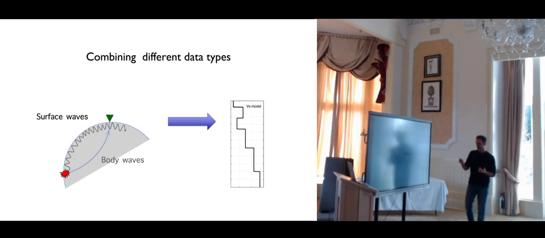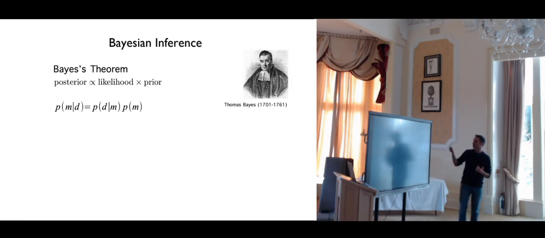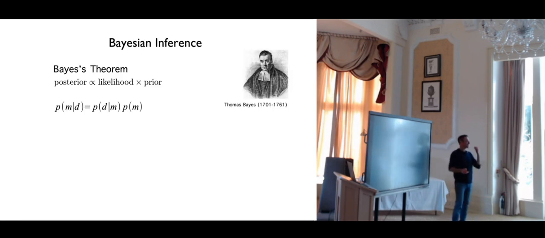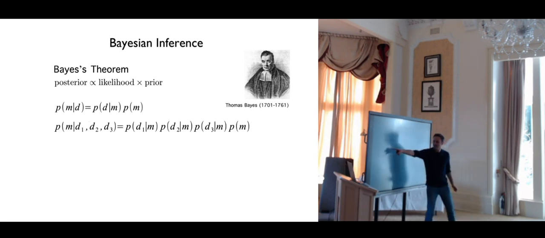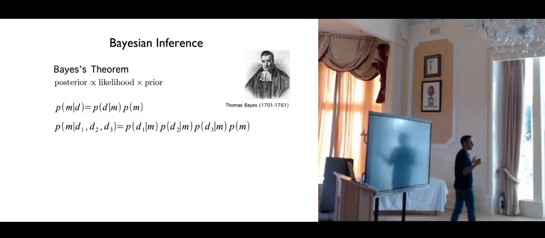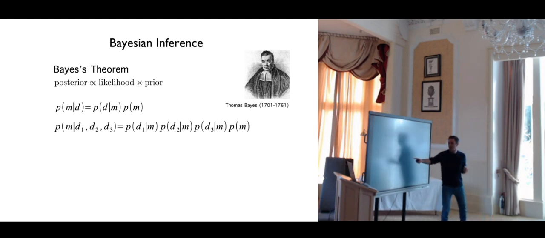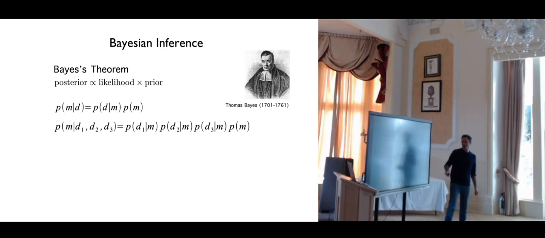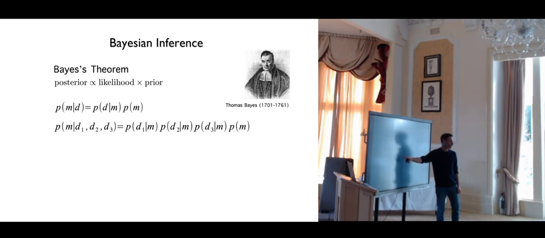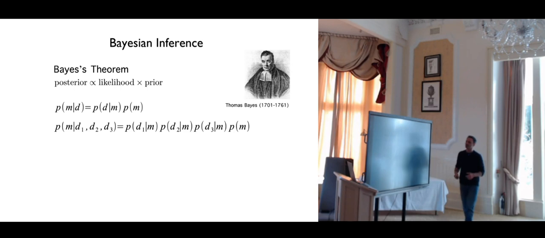And I'd like to show you here that we can do that again with Bayesian inference by letting this sigma, the error in the data, be an unknown. So now instead of D, we have 3 data sets, for example, D1, D2, D3, and they have very different data sets. If they are independent, we can write the likelihood here as a product of the 3 likelihoods. The likelihood for the first data set times the likelihood for the second data set, and so on.